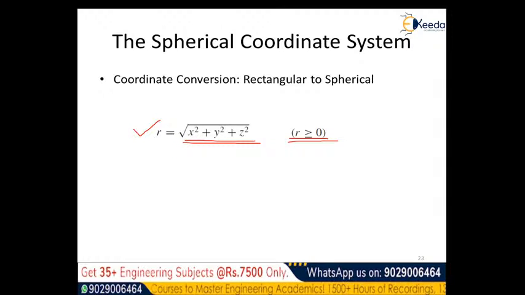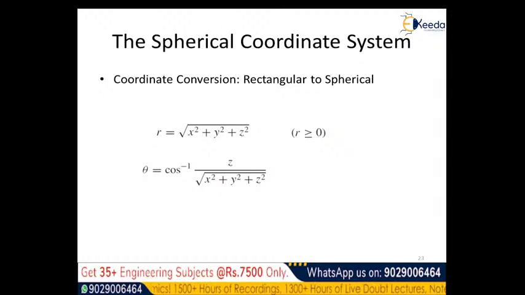If we make the substitution and get theta isolated onto the left hand side, theta is the cosine inverse of the ratio where the numerator is z and the denominator is r, substituted by the square root of x square plus y square plus z square, provided the range of theta is that the lowest value is 0 degrees and the highest is 180 degrees.